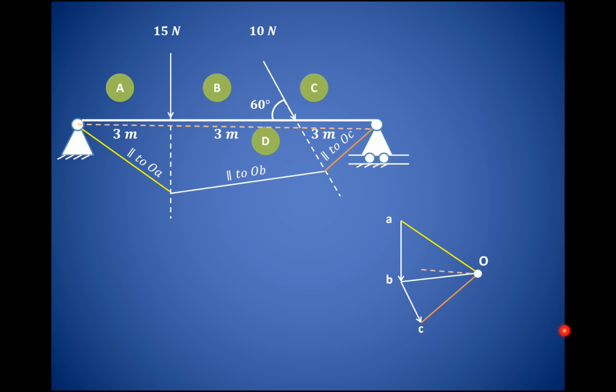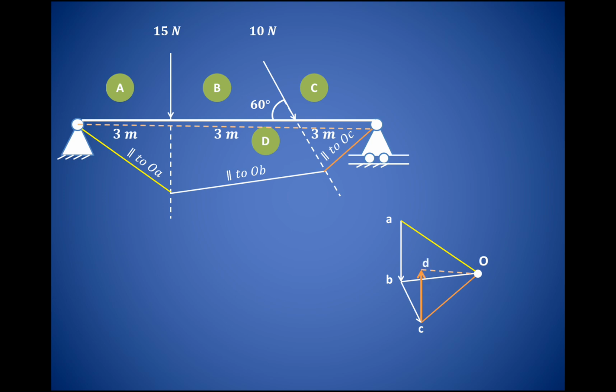Now from A, draw a line parallel to this closure. Now draw a vertical line from point C, because we know that the reaction at the roller support is vertical.